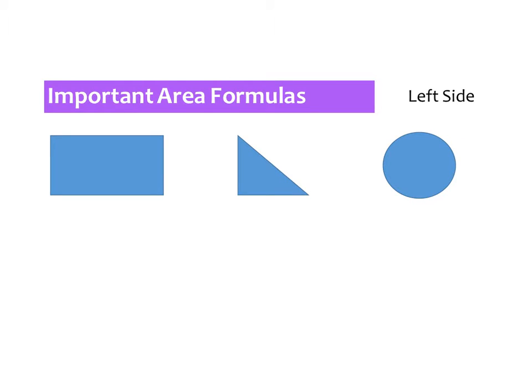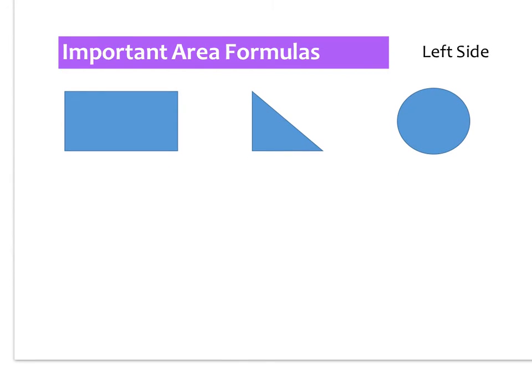So in order for us to really understand composite figures, we need to remember some of our area formulas for these particular shapes. The three main important area formulas that we need to know are for a rectangle, a triangle, and a circle, okay? And I'm just writing the names, but you all know what these shapes are.